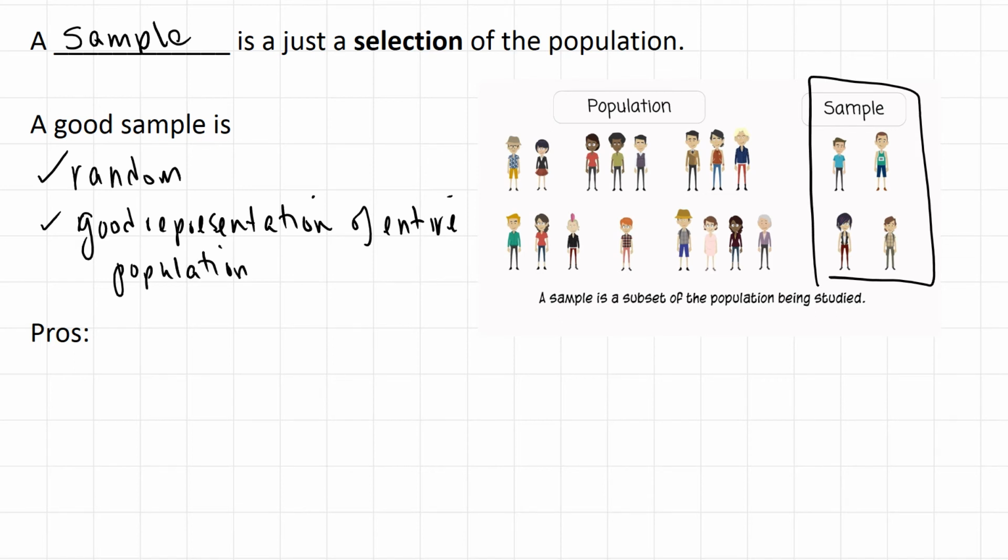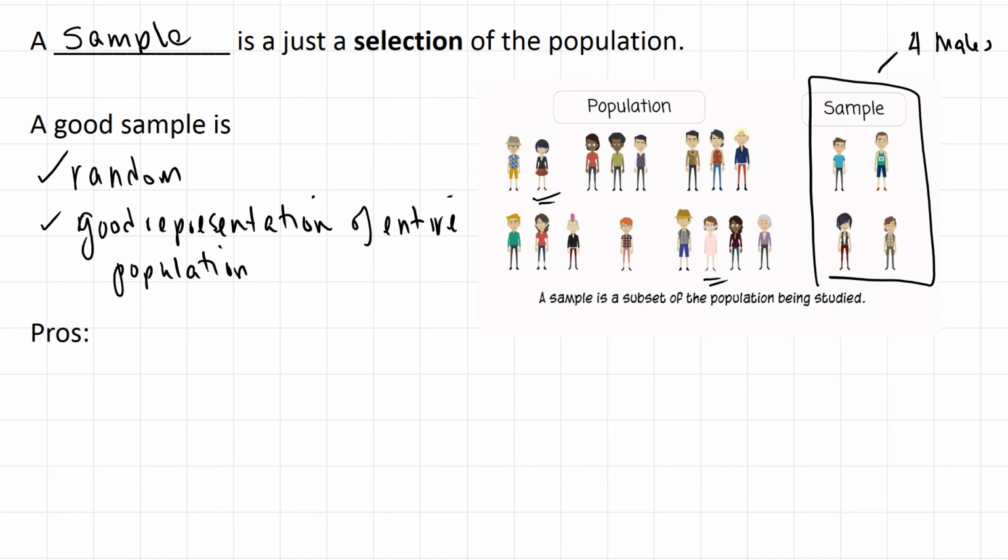So what does that mean? Well, if I take a look at the sample I have here, it looks like I've got four boys or 4 males. But there are women in the population, and they're not represented in my sample. So this would actually be a poor sample because it does not represent the entire population.